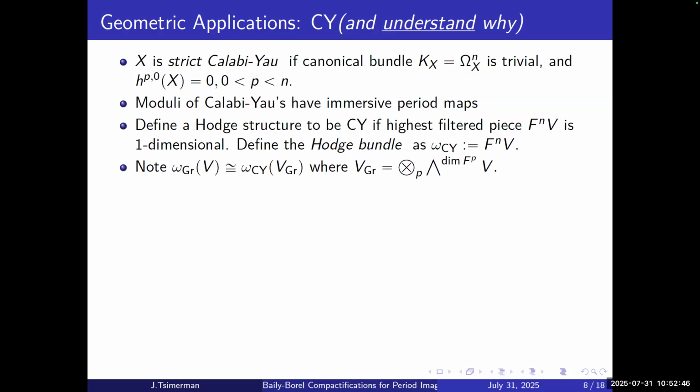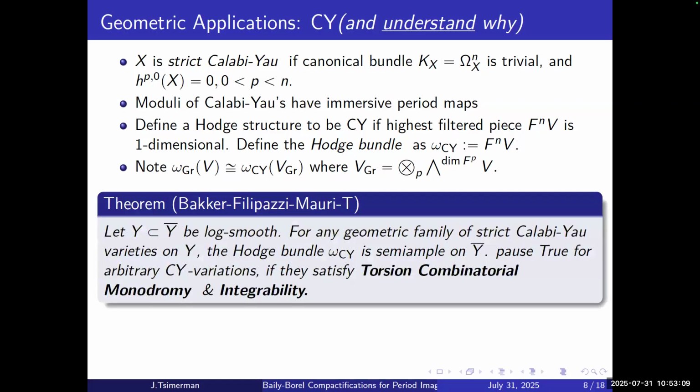And one thing to observe is that in some sense this generalizes the Griffiths bundle, because if you take a variation and take this tensor of wedge powers, which is clearly made to make each piece subsequently one-dimensional, then the Griffiths bundle of the original variation is the Hodge bundle of this tensor wedge variation. So this is a more general case than the Griffiths bundle case.